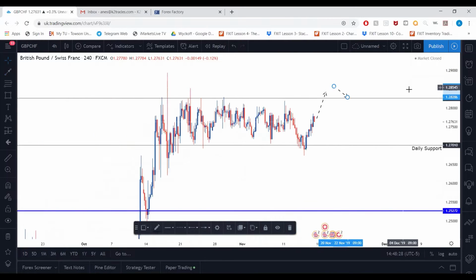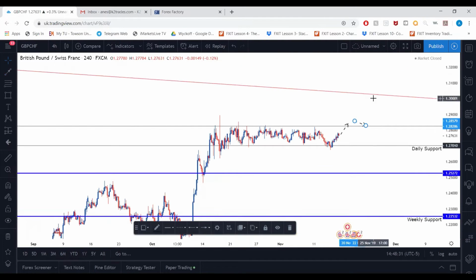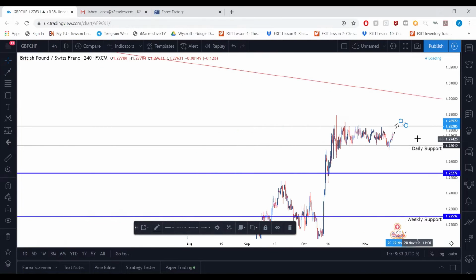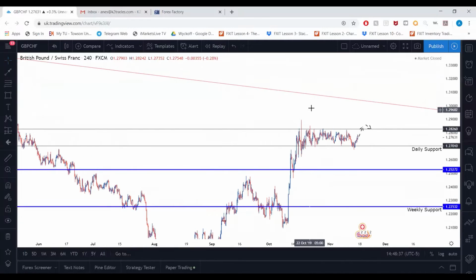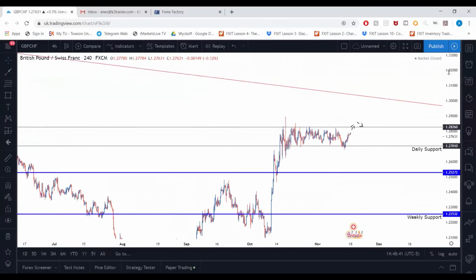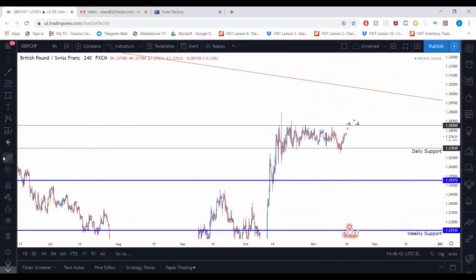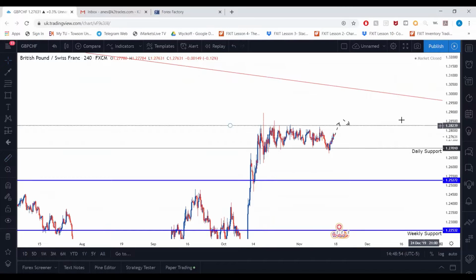If it does, then we can target 1.30, which is this downtrend line. It would be a nice move, for about 187, about 190 pips.